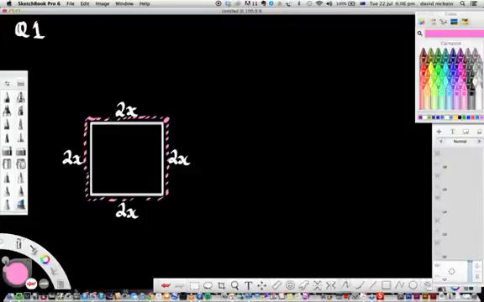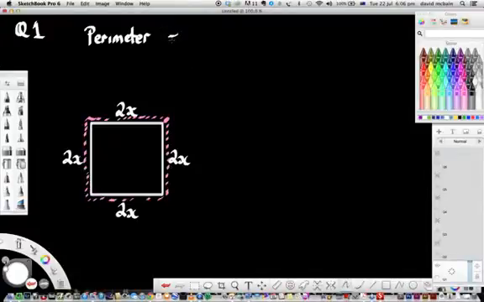What we're given are pronumeral expressions. So the perimeter is the distance around the outside of the shape. So it's this distance plus this distance plus this distance plus this distance.